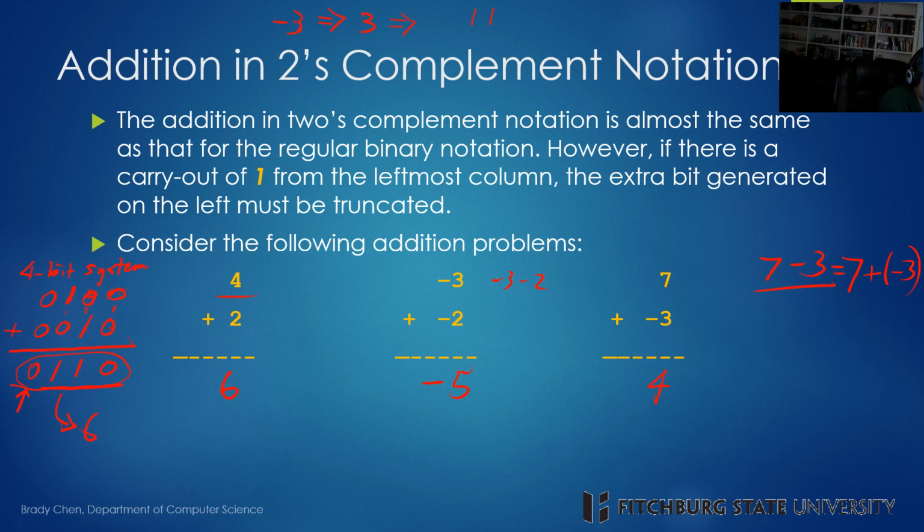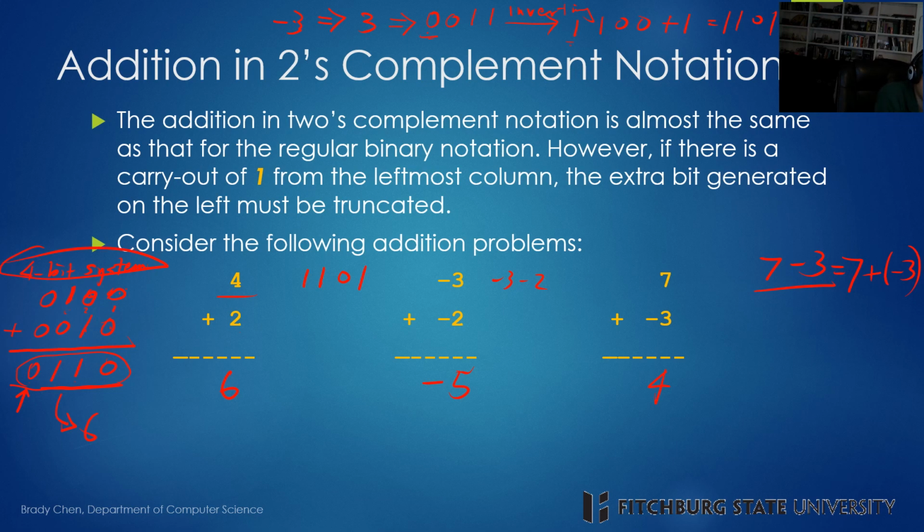That's the 2's complement representation for the absolute value of -3, which is 3. Now what's next? We do the inverting. Inverting this becomes 1, 1, 0, 0, so 0 becomes 1 and 1 becomes 0. And then we add 1. After the inverting, we add 1, so we get 1, 1, 0, 1. That's the 2's complement representation for -3 in a 4-bit system.